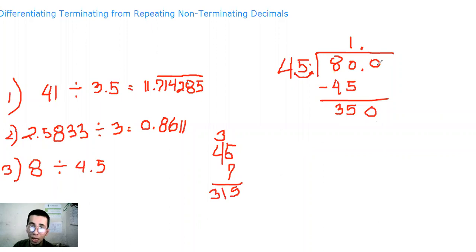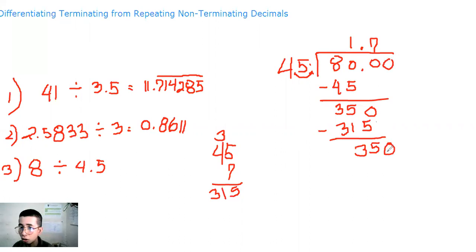We have 7 nga. 7 times 45, that is 315. And 315 minus 350 is 35. Diba? So, umulit lang siya sa 35 ulit. We're going to add 0. Magkakaroon tayo ng 0.